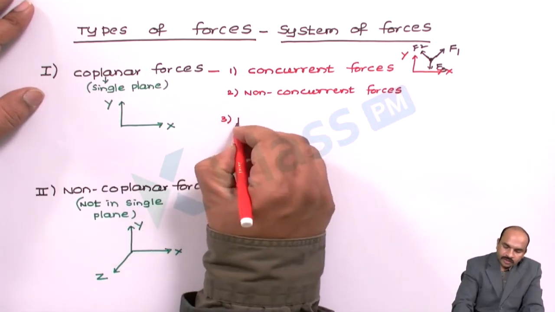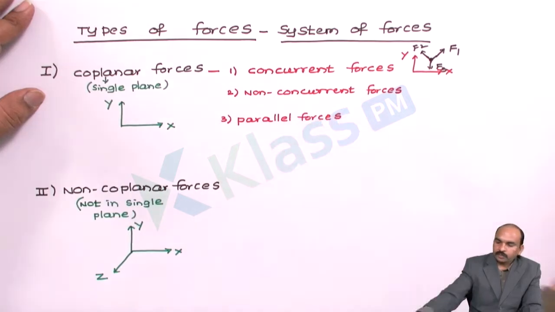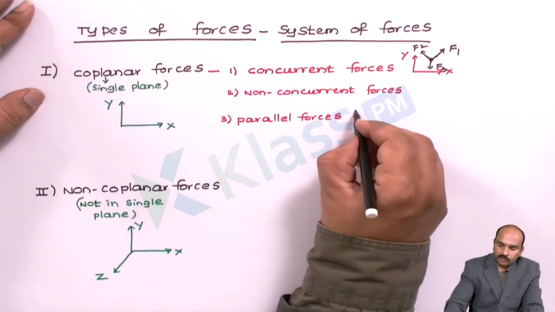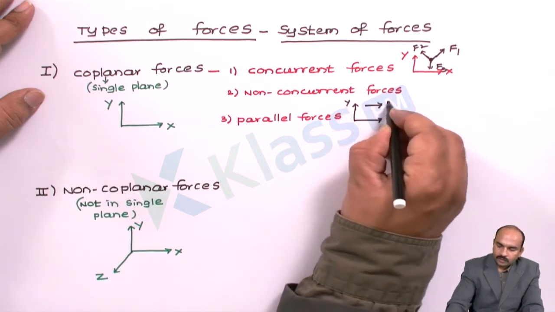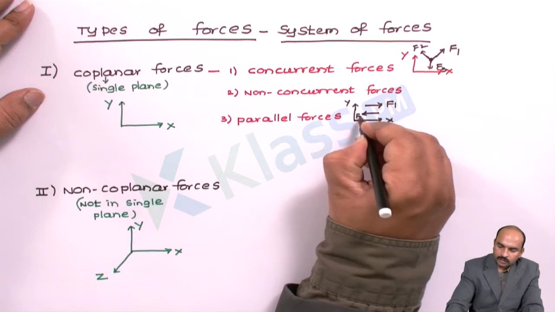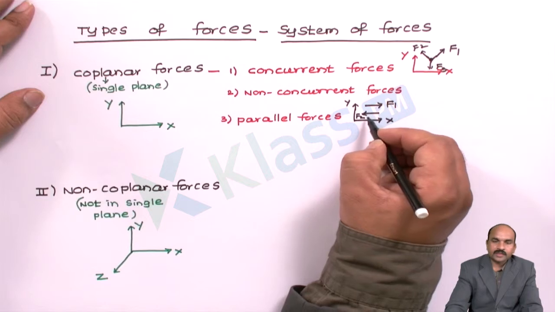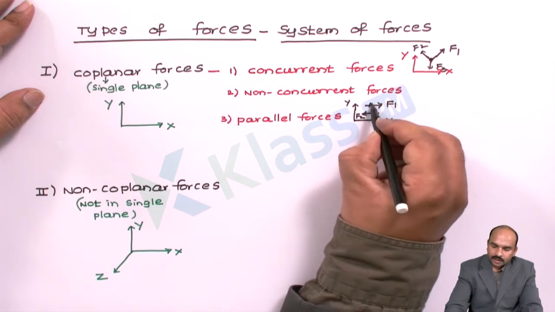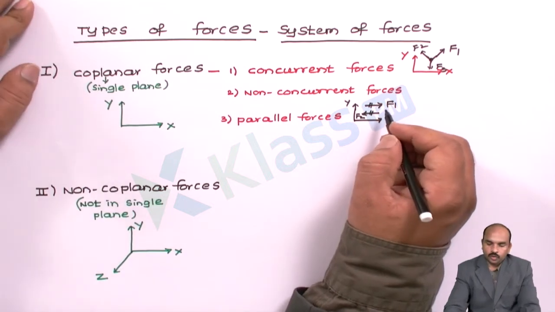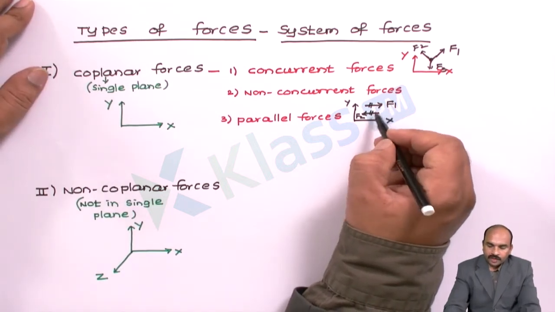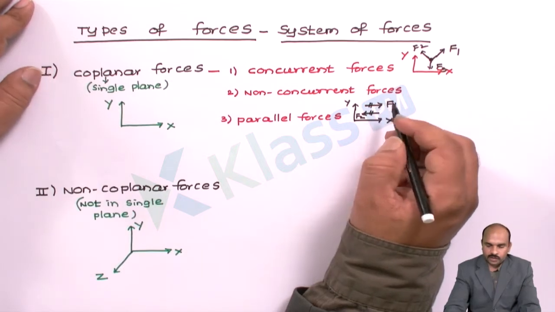Then the third one is parallel forces, means coplanar parallel forces. There is a force F1, another force F2. They are in the same plane, and at the same time they are parallel to each other. So these are called coplanar parallel forces. If they are not parallel to each other, then we say non-parallel forces.